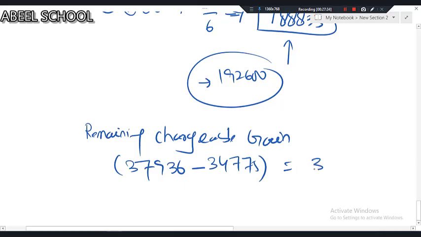So still 3,161 is the maximum. Still it is chargeable. So that was alternative 2, dear student, I tried my best to explain.